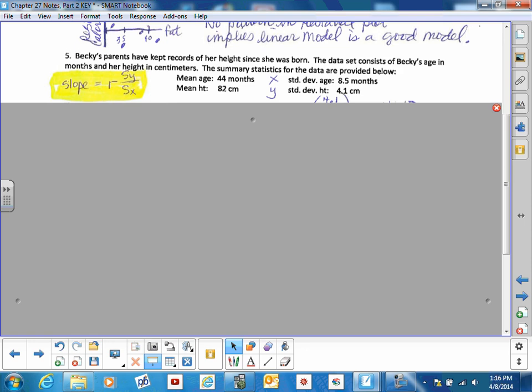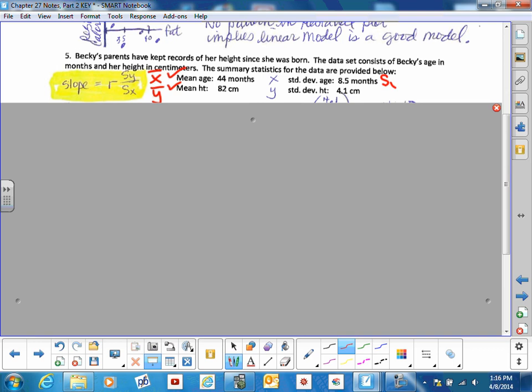Okay, on this problem, Becky's parents have kept a record of her height since she was born, and so all the information we get is the average of her age and the average of the height. So I've got an X bar, which is the average of the age, and a Y bar, which is the average height of the sample. And then look here, we have the corresponding standard deviation.